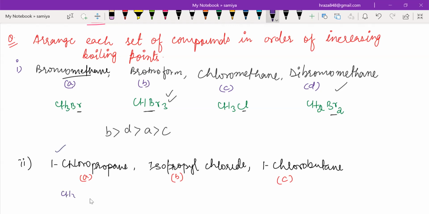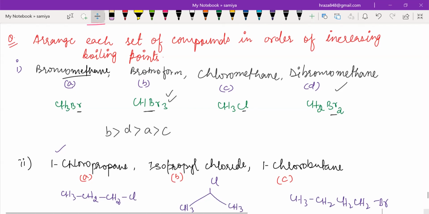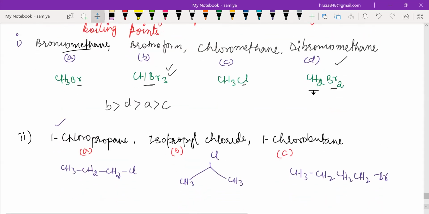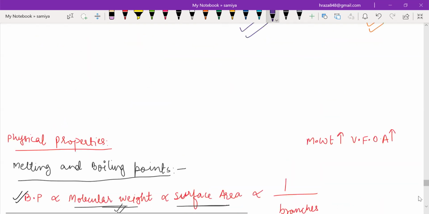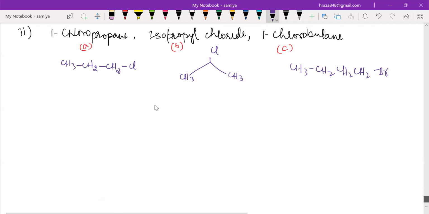This will be CH3, CH2, CH2, and so on. Do you know the structure of isopropyl? Basically, this is 2-chloropropane. And the structure of chlorobutane is this. Now, the highest boiling point will be for chlorobutane because it has higher molecular mass. So C is the greatest one.